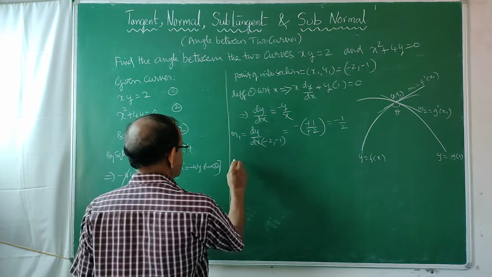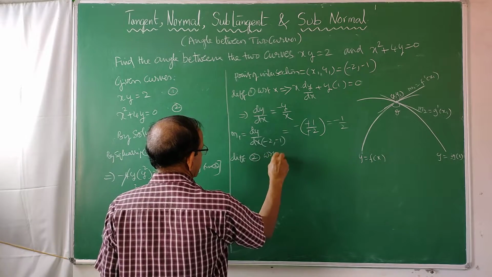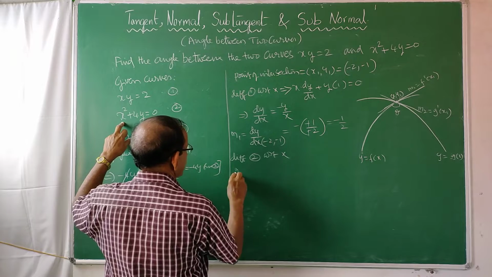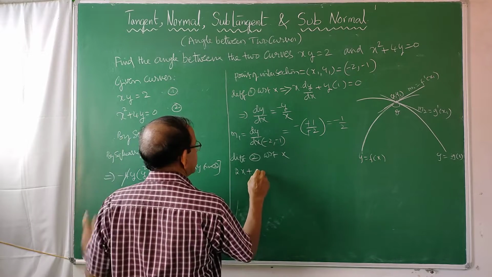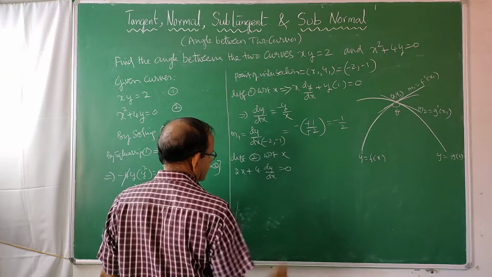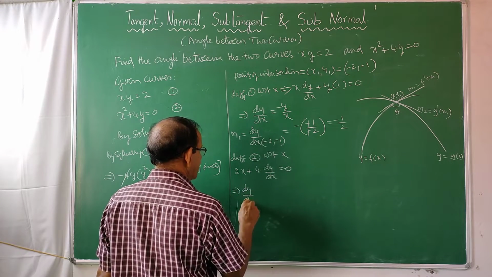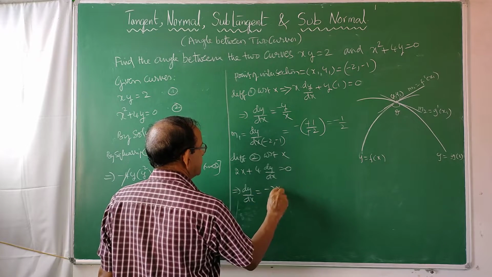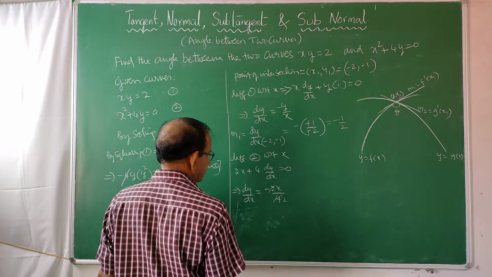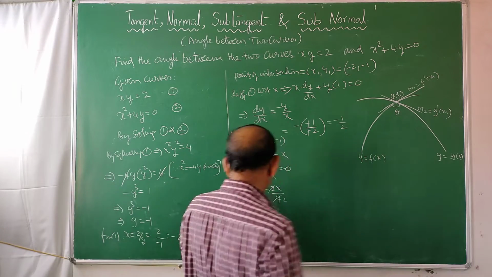Next, differentiate 2 with respect to x. Differentiate the second equation. X square derivative 2x plus 4y derivative 4 into dy by dx is equal to 0. This implies dy by dx is equal to minus 2x by 4. Of course 2 is cancelled, so that is minus x by 2.